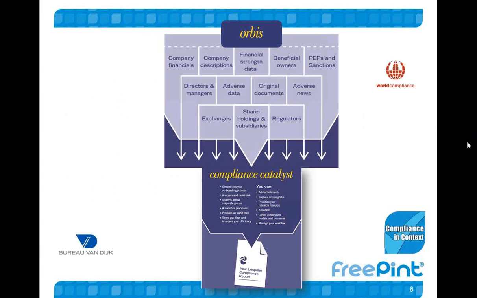In creating the client onboarding workflow tool, Compliance Catalyst, Bureau van Dijk has combined its global data with PEP and sanctions data specialist, World Compliance. Now, Compliance Catalyst helps organizations take an informed, risk-based decision on whether to accept potential new customers, suppliers, or other business partners.